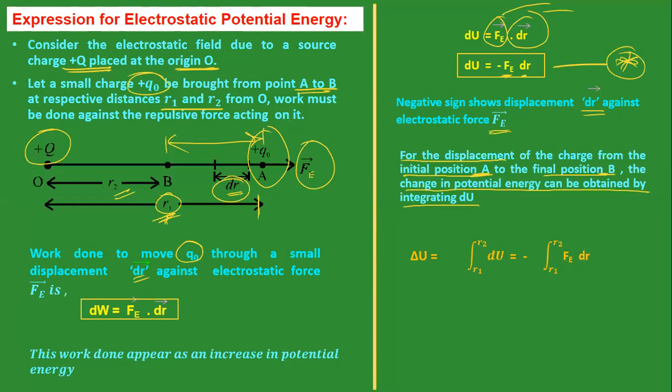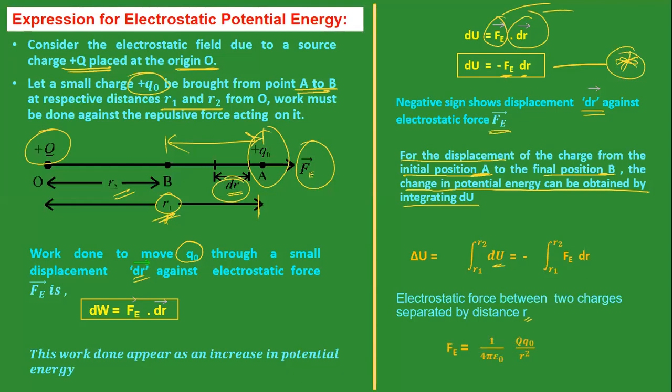Now we substitute dU. So we get minus integration Fe dr. The electrostatic force between two charges separated by distance r we get by Coulomb's law, which we already learned earlier.